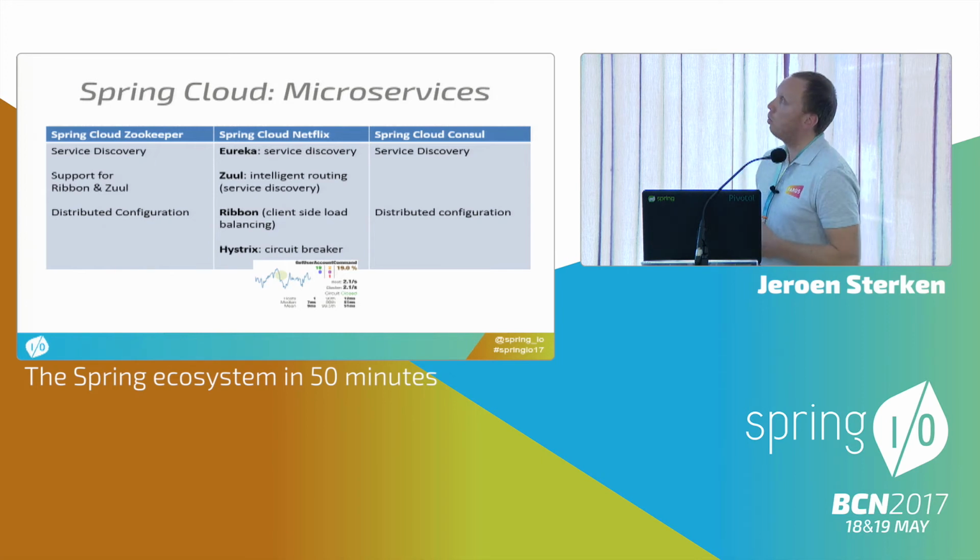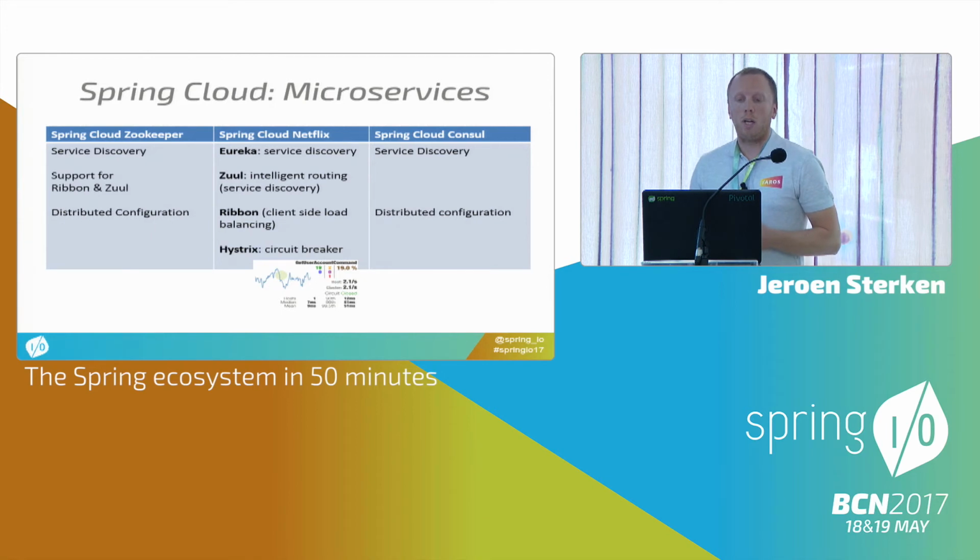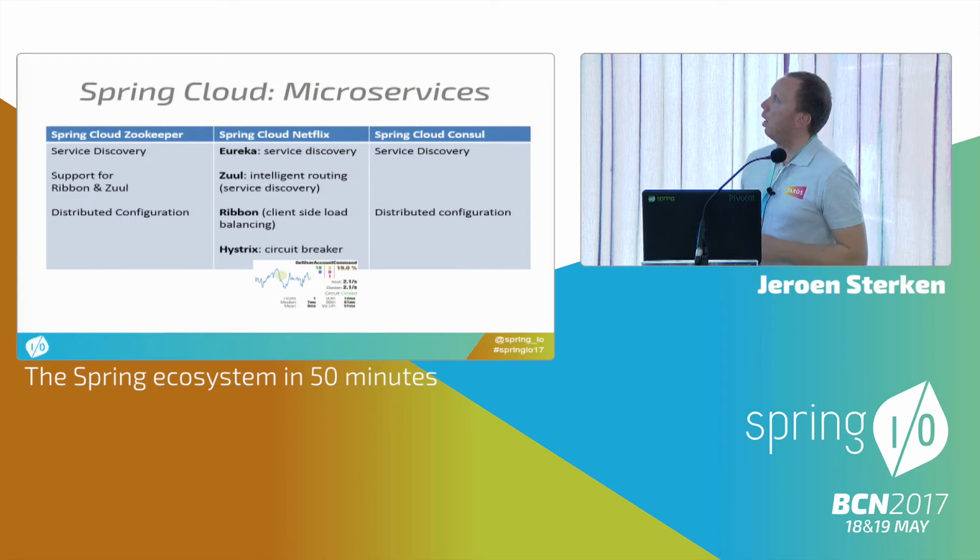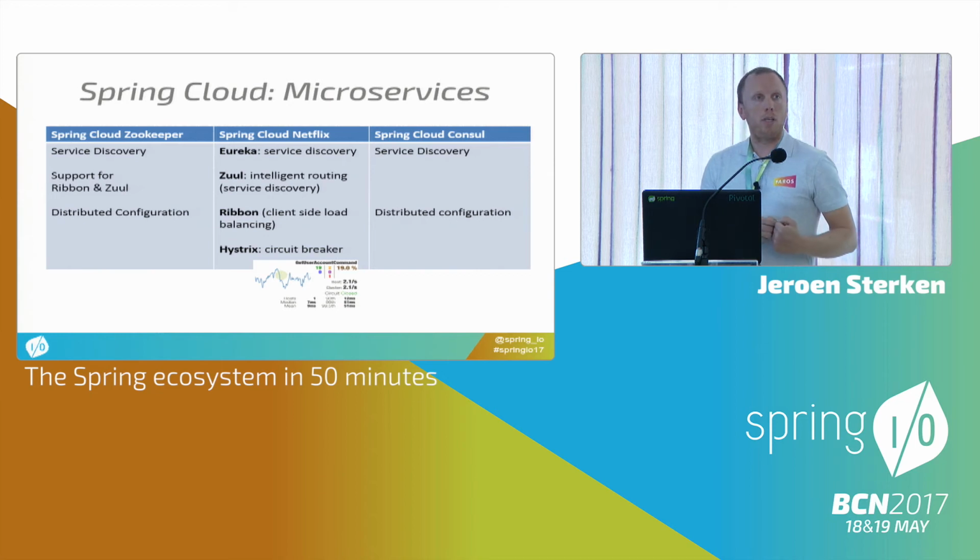Zuul is the intelligent routing service that you can use, and it's going to be integrated with this service discovery as well, so that it knows where to route all the traffic, of course. Then we have Ribbon, allowing you to do client-side load balancing, meaning that the client itself is responsible, in fact, for deciding which node it's going to land on.